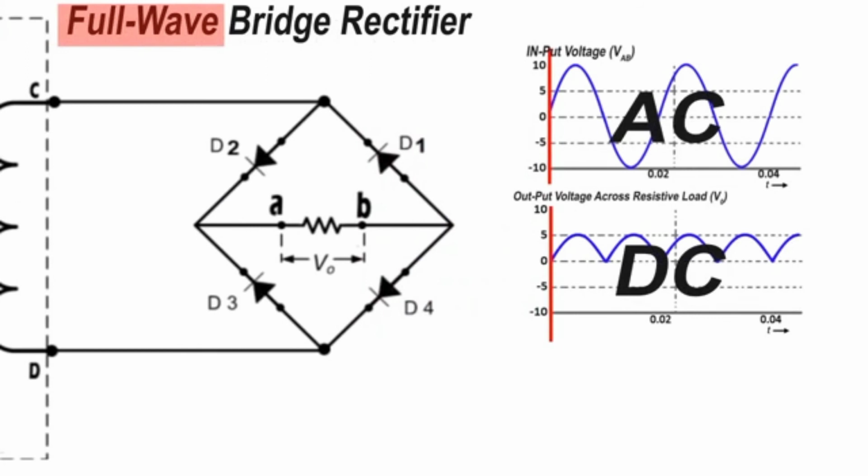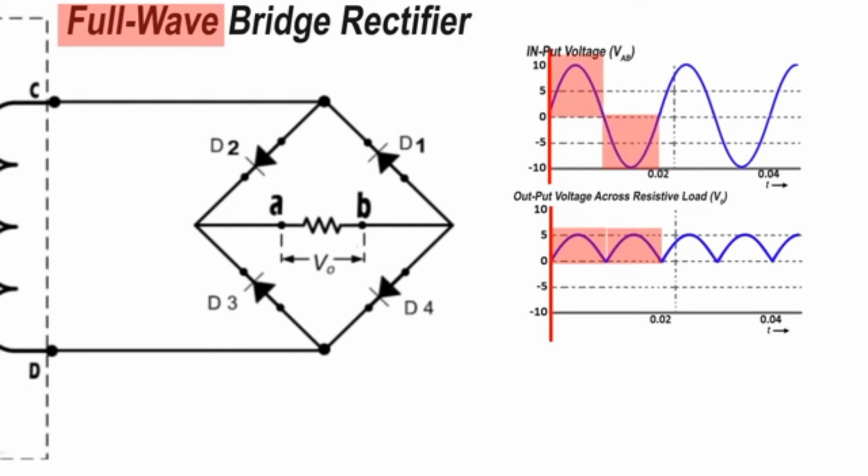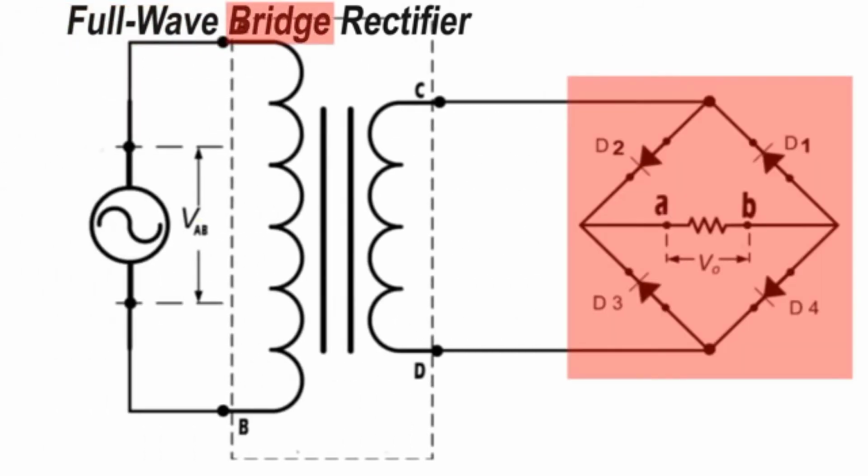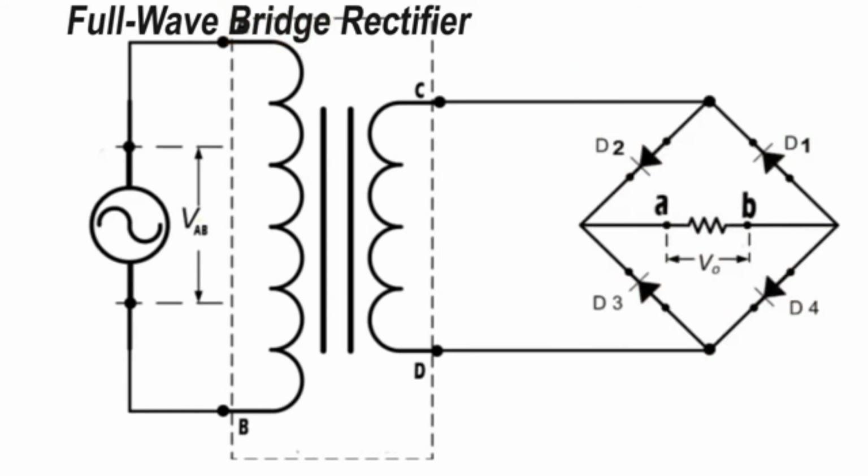Here, full wave means the rectification, that is, conversion of AC to DC, happens in both positive and negative cycles. And the circuit used for this purpose is similar to a Wheatstone bridge. That's why this configuration of rectifier is known as the full wave bridge rectifier.